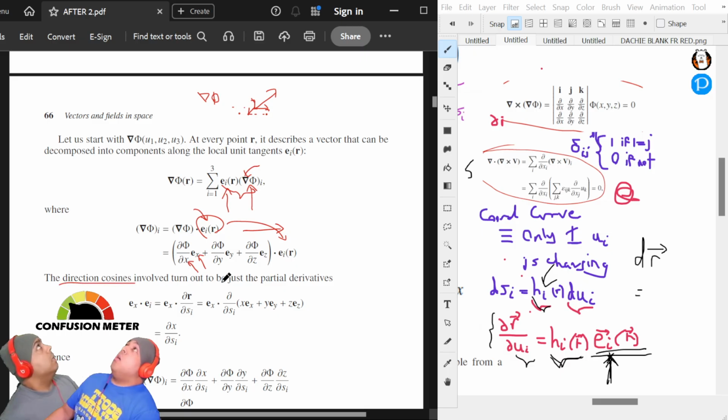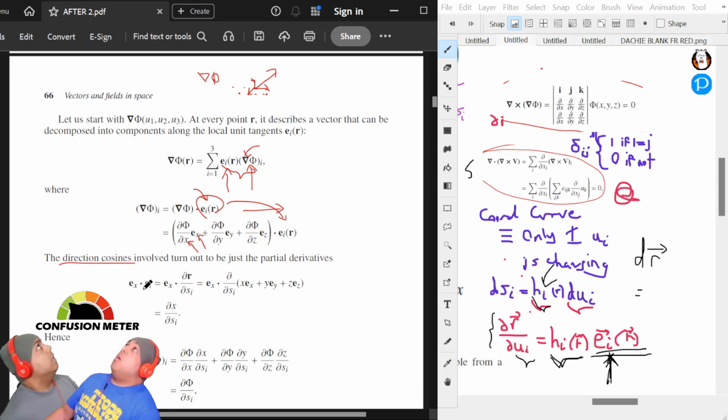The direction cosines involved turned out to be just the partial derivatives. e_x dot e_i equals e_x dot del r del xi. What is xi? xi is h_i du_i.